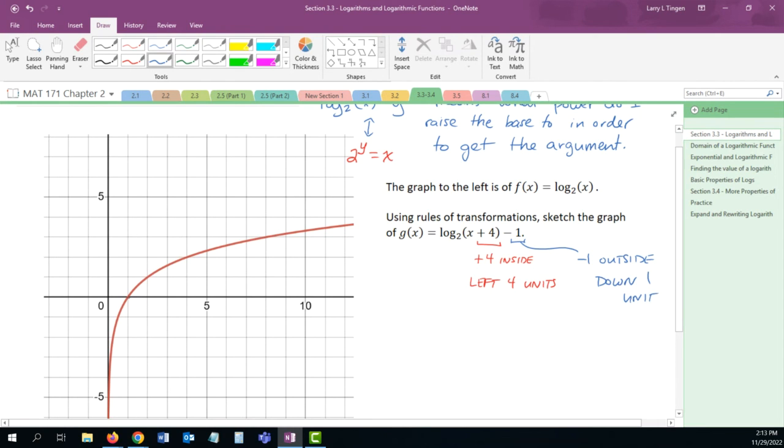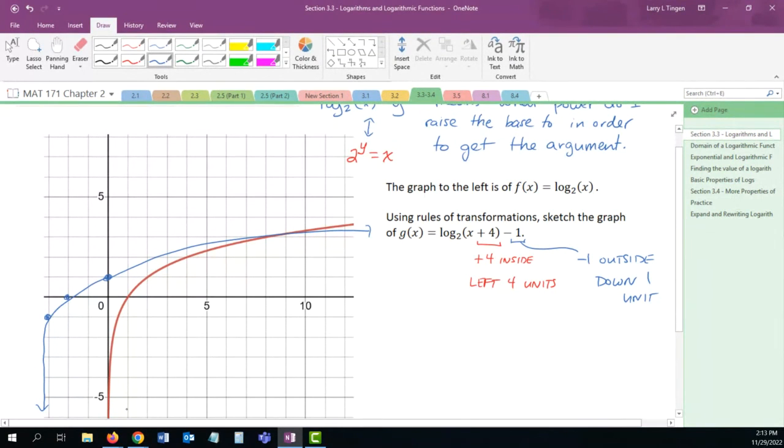So any point you can find on here, go 4 left and 1 down. So 1, 0 goes here. 2, 1 goes here. And then 4, 2 goes here. And then we get our graph.